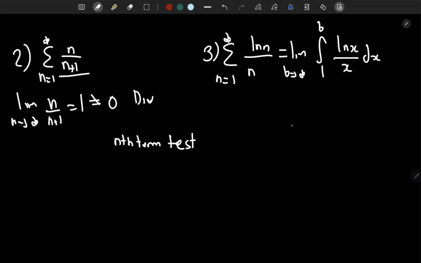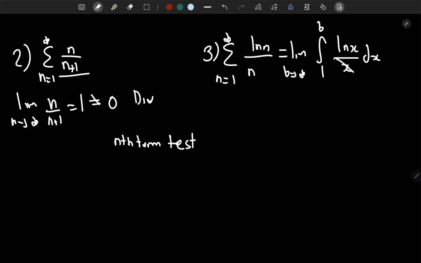So here you can just take u as ln x, du is going to be 1 over x dx, and this part is going to cancel out this part. So all you're going to be left with is the integral of u du, and that's going to be u squared over 2, and I'm just going to replace u here with ln x.